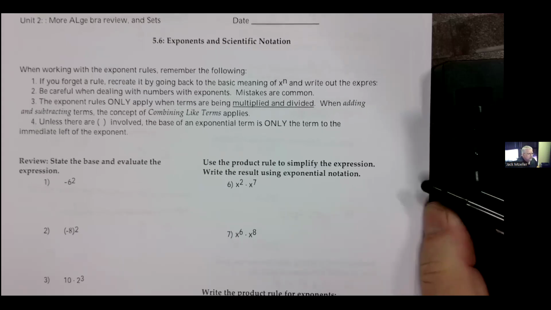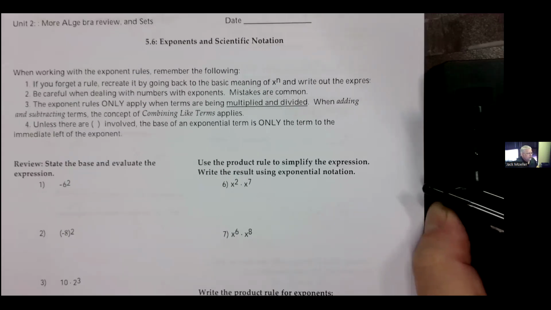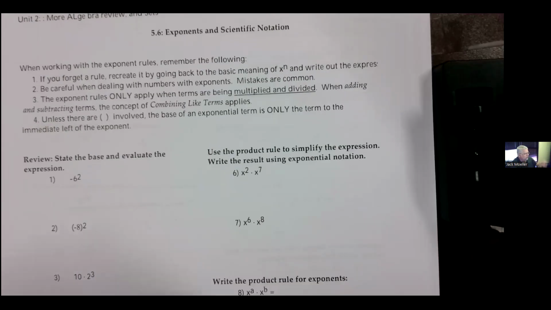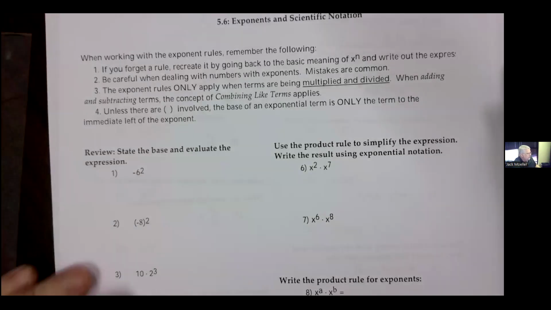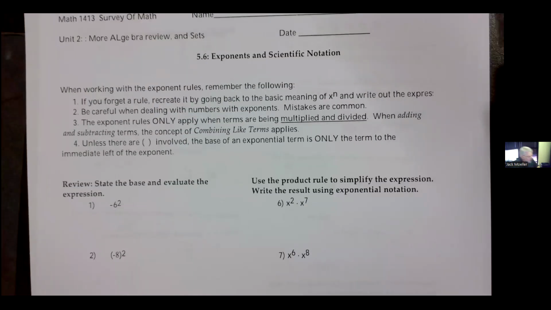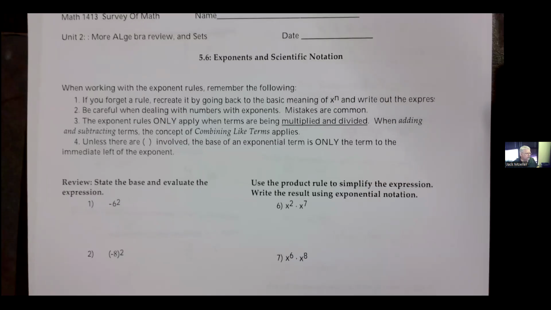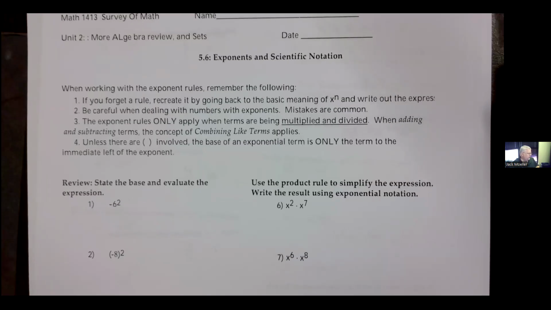Specifically, the exponent stuff that we're going to talk about in this video is something you definitely use in college algebra. The scientific notation is specifically for chemistry students. It works in any science class, but that's more for chemistry. So these assignments are an extension of what we've done before. It's looking ahead since about half of you are going to be going on to college algebra next semester.